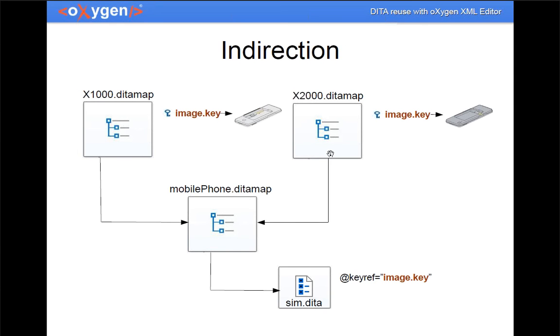These two maps will include our common map, and whenever we want to make a reference to that image inside a topic, a common topic, we will use the key that we've defined. So let's go to oXygen and let's create this architecture.